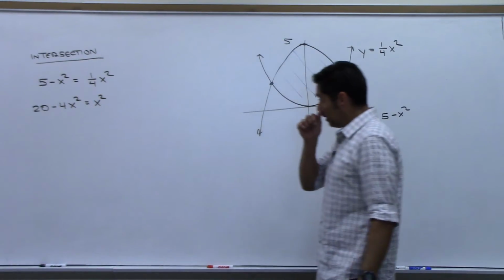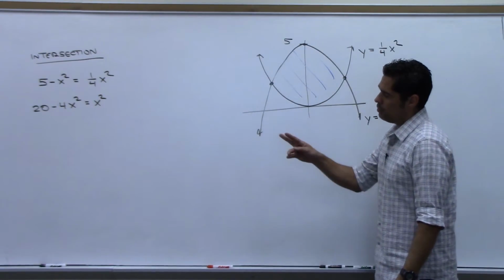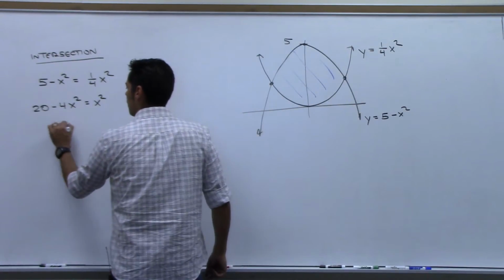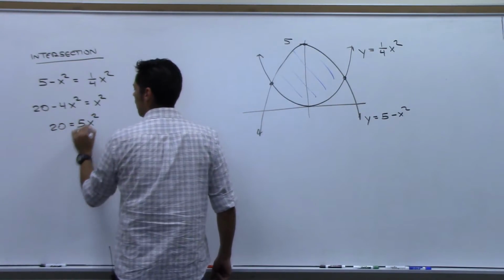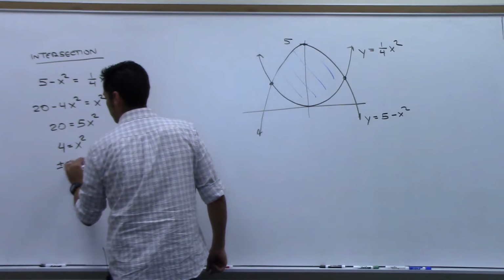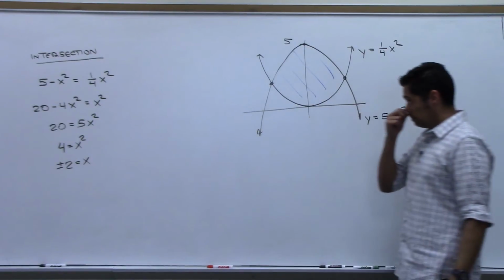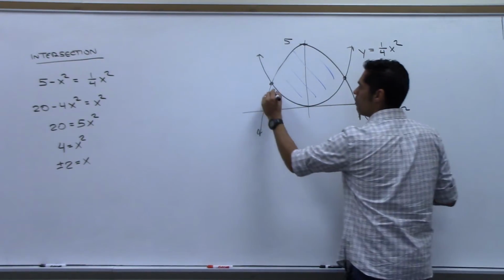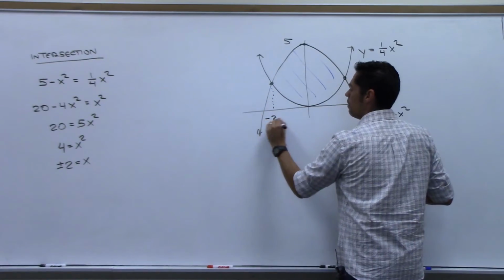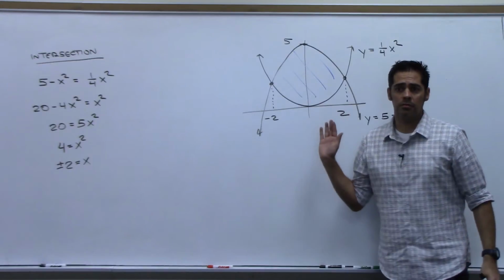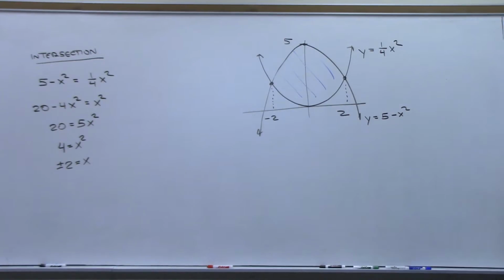I'll move just my x squareds to one side. I'll divide by 5, and I'll get plus or minus 2 for x. So I know right now that my integral is going to go from -2 to 2, right? Yes?